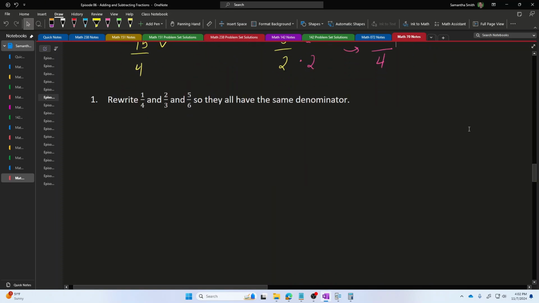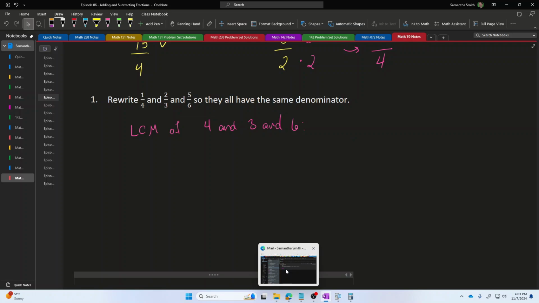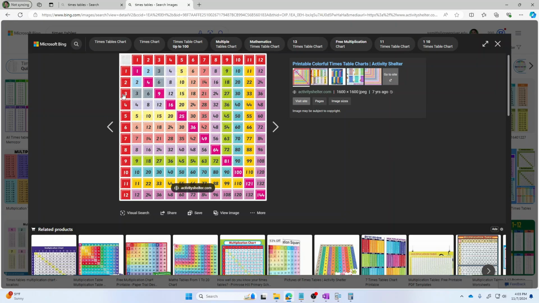You can also do this if you're working with a collection of 3 or more fractions. In this case, I would just need to find the least common multiple that works for 4 and 3 and 6, the denominators of each of these three fractions. Now, if I look at the times table to look at some of the multiples of 3 and 4 and 6, it looks like the smallest number that works as a multiple for all three of those is the number 12.